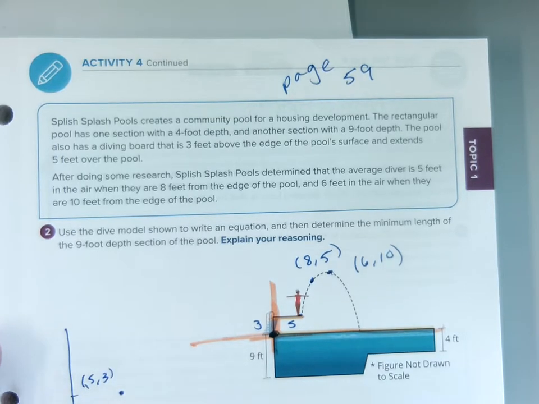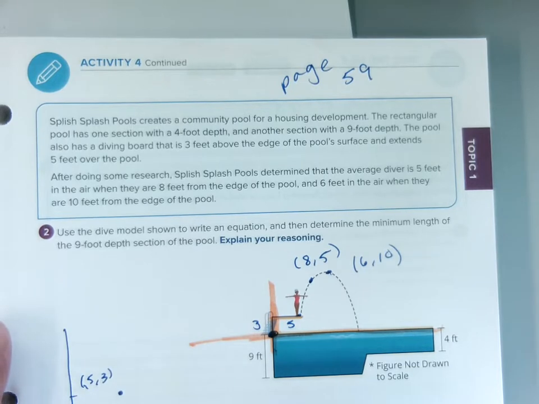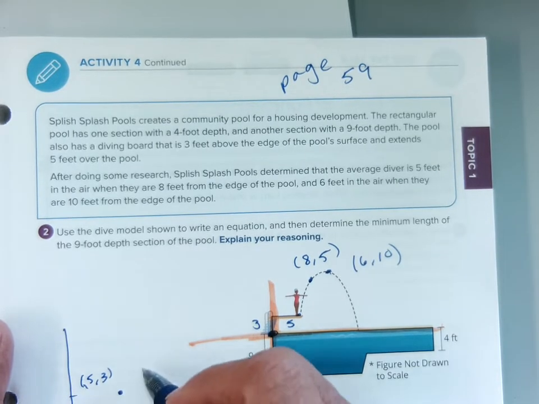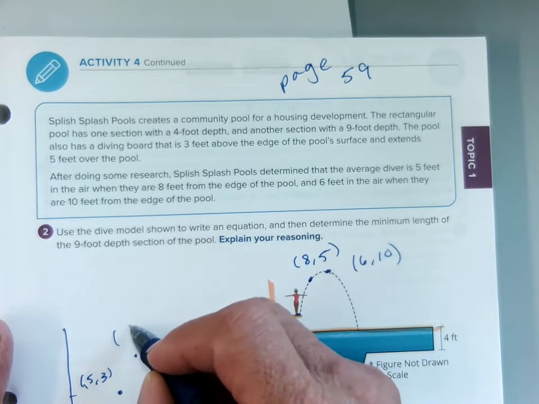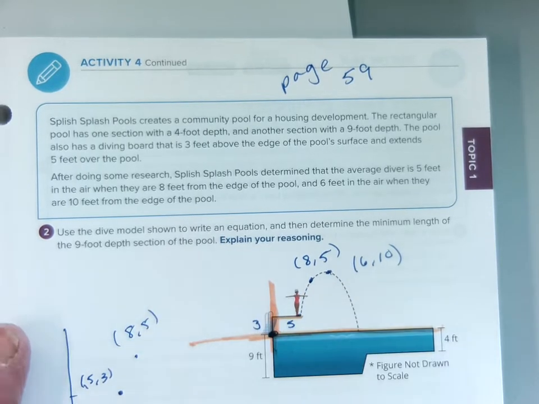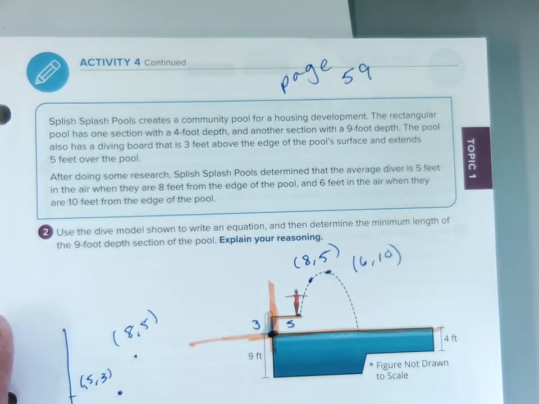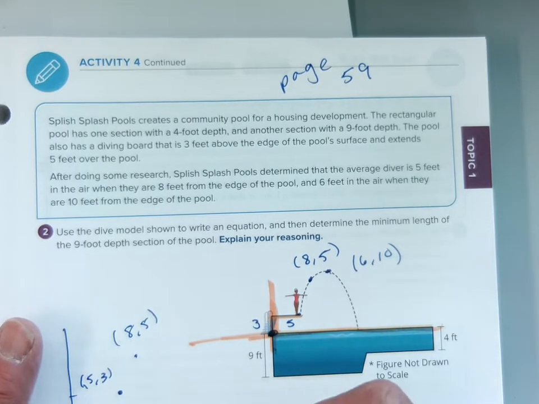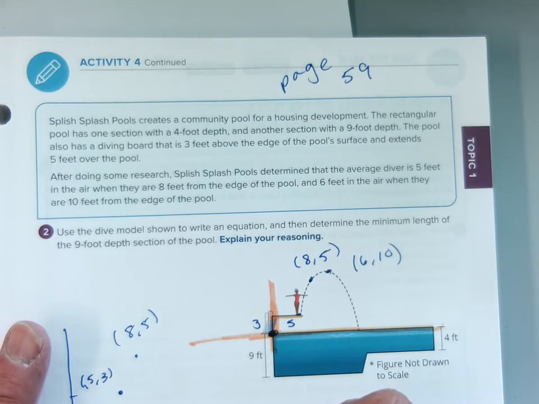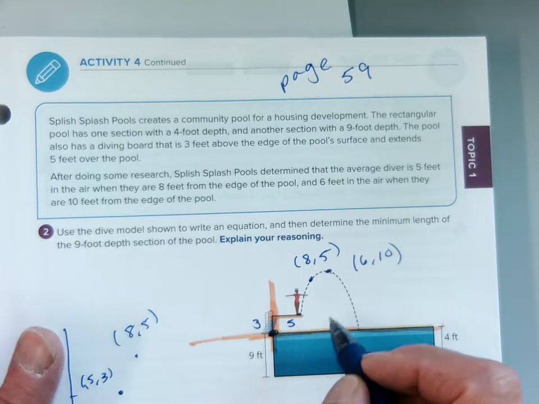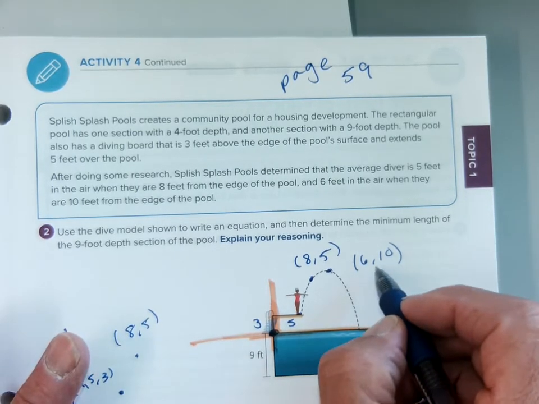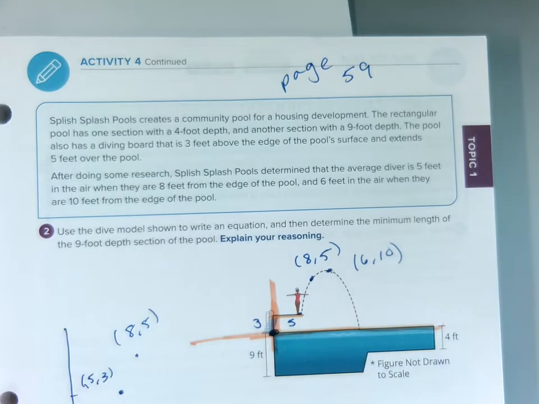And then as they jump up at a point 8 feet out, 5, 6, 7, 8, they'd be 5 feet up, so I'd have a point at 8, 5. And they get one more measurement, 6 feet in the air when they are 10 feet out. So this has got to be 10, 6, obviously, because that's not going to work.